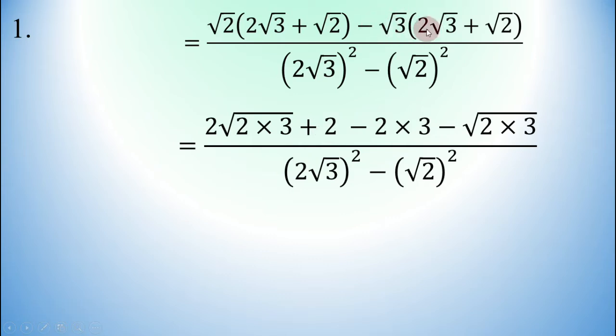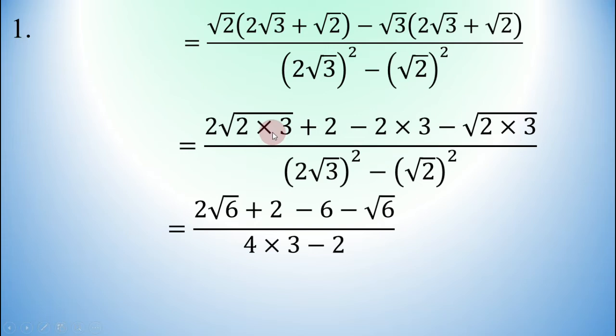Root 3 multiplied by 2 root 3 is 2 into 3, which is 6, with a minus sign, so minus 6. And minus root 3 into root 2 is minus root 6.